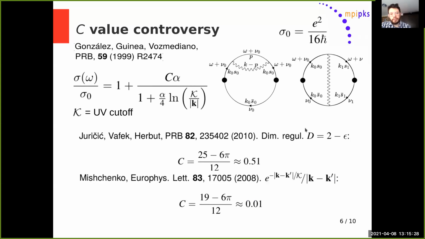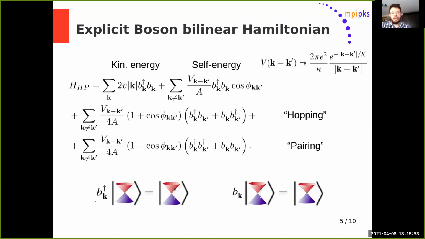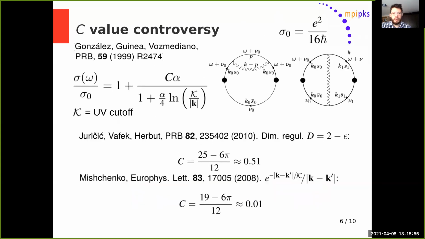It is well known in this research area that the optical conductivity for free Dirac fermions can be described by only fundamental constants of nature, so the electric charge of the electron and the reduced Planck constant. But when we introduce interactions, described by this potential, we obtain these corrections.